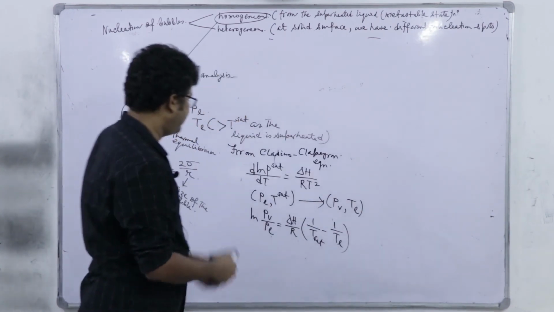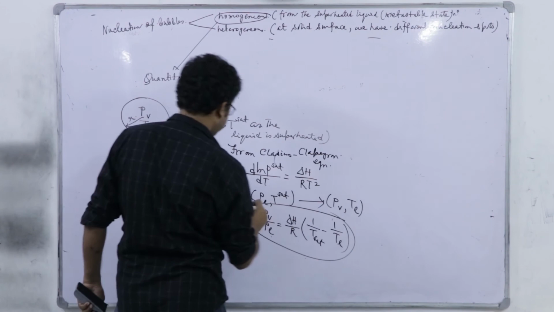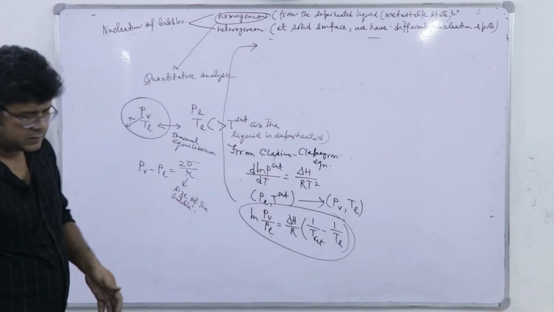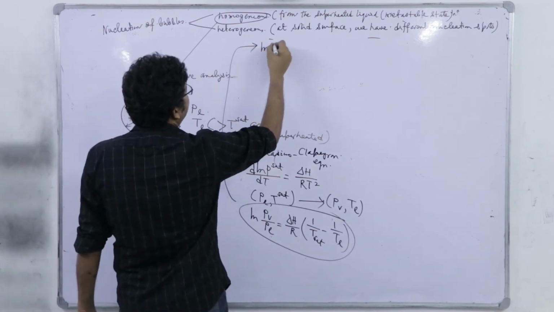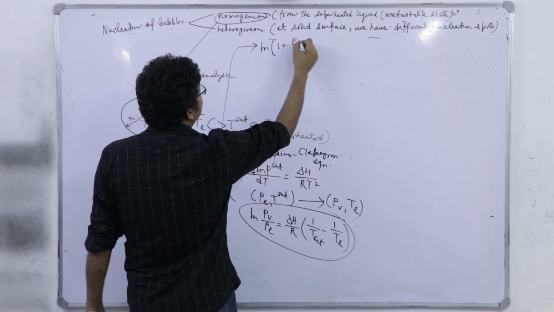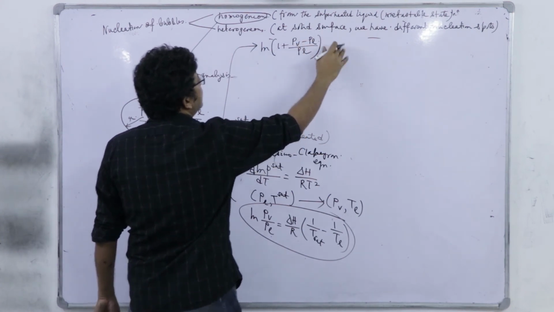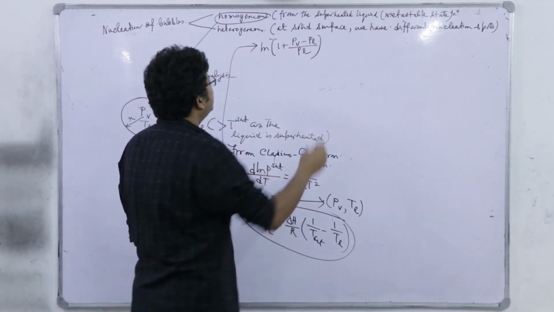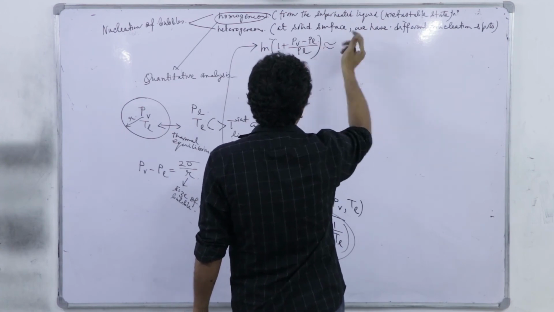What will happen from here? We can write this as ln of 1 plus PV minus PL divided by PL, and if this difference is not very high, we can approximate ln of 1 plus x as x.